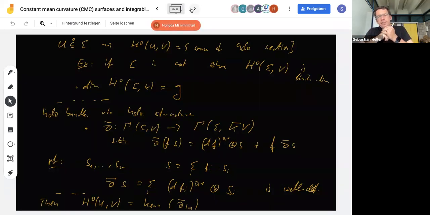And this gives one way of showing that the space of holomorphic sections on a compact Riemann surface is always finite dimensional, because it's the kernel of an elliptic operator. These del bar operators are really elliptic operators.